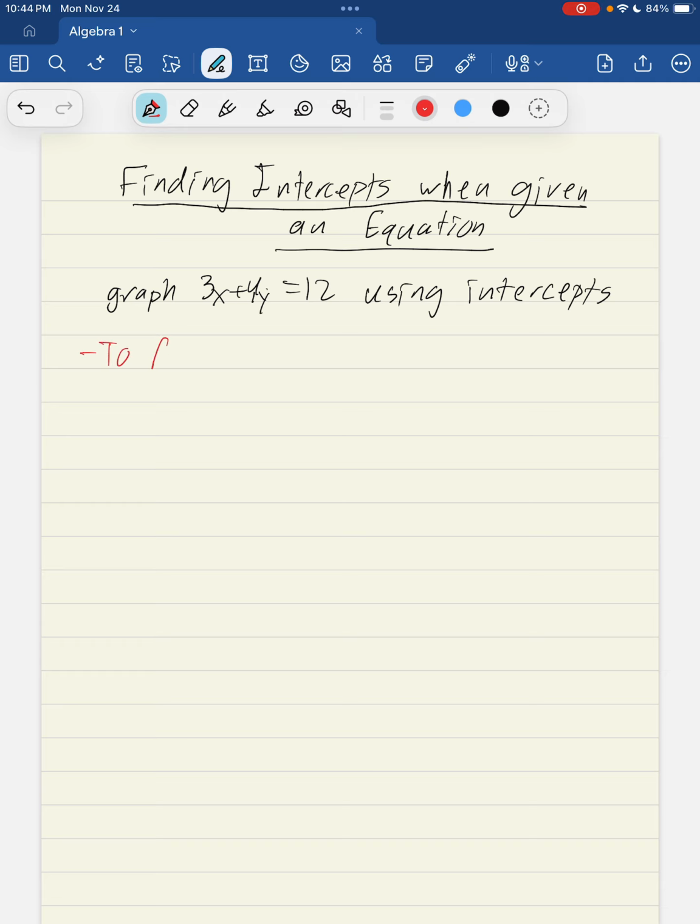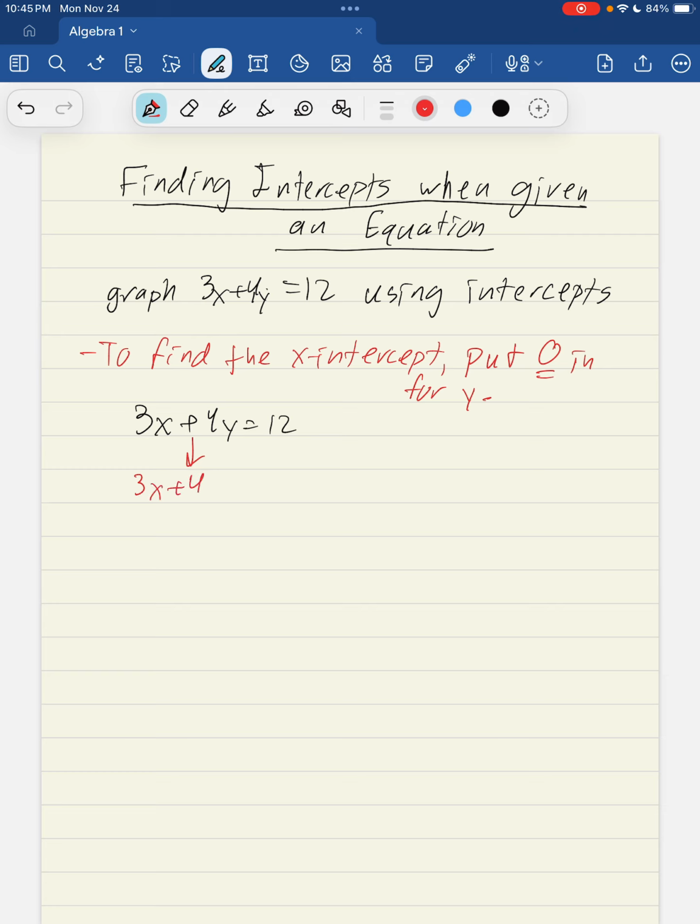So to find the x-intercept, we put a 0 in for the y. We have our equation, 3x + 4y = 12. We put a 0 in for the y, so this becomes 3x + 4 times 0 = 12.